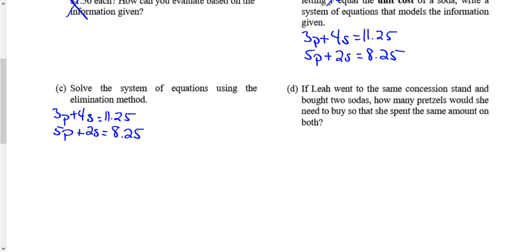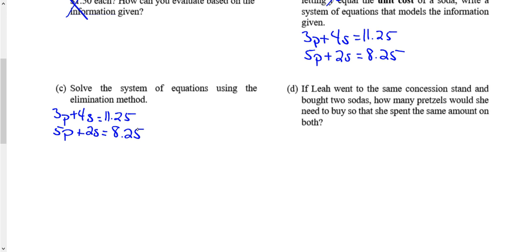So guys, is there a variable here that you want to make disappear? If I wanted to make the P's disappear, is that going to be a little more work? Yeah, because 3 and 5 don't go into each other.